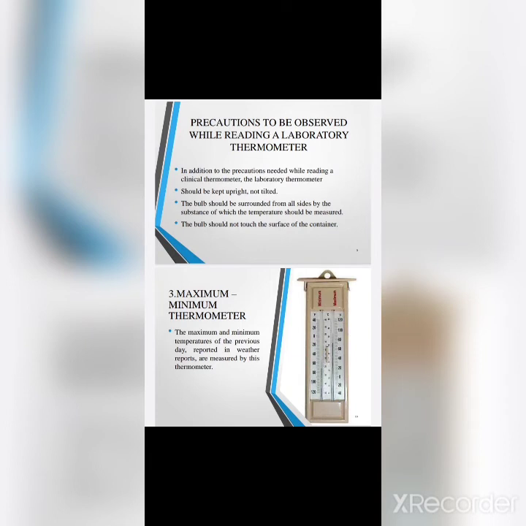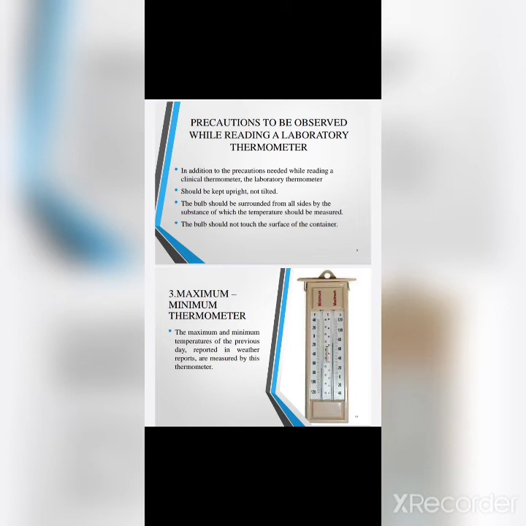Now let's see the precautions to be observed while reading a laboratory thermometer. In addition to the precautions needed while reading a clinical thermometer, the laboratory thermometer should be kept upright. It should not be tilted.